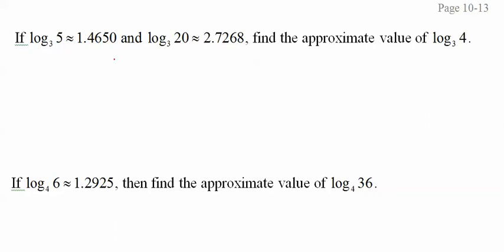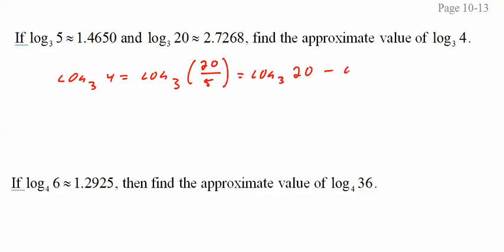Given log base 3 of 5 and log base 3 of 20, find log base 3 of 4. Log base 3 of 4 is equal to log base 3 of 20 over 5, which equals log base 3 of 20 minus log base 3 of 5. Again, rather than these big, ugly, complicated multiplications, we're able to just go 2.7268 minus 1.4650.